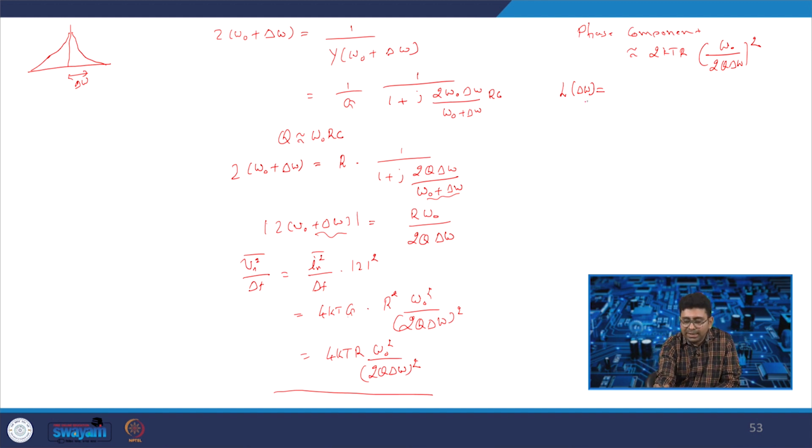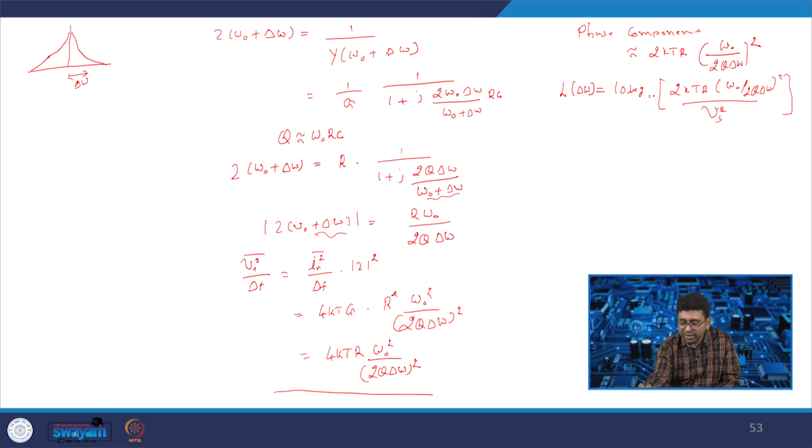So, L of delta omega is equal to 10 log of 2 kT R omega naught by 2Q delta omega square, divided by the source noise, which is given by Vs square.